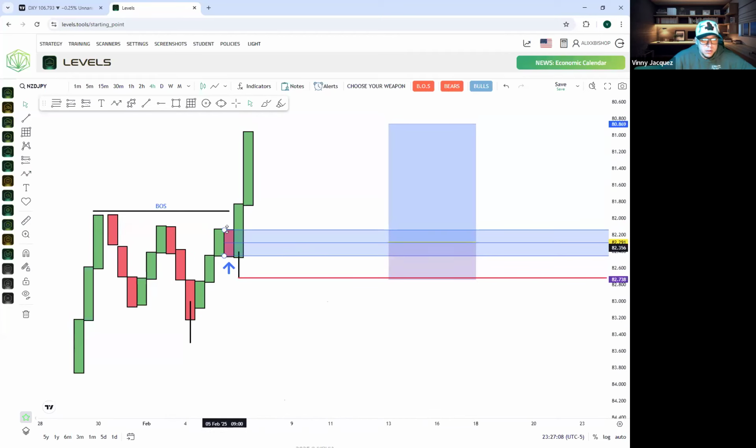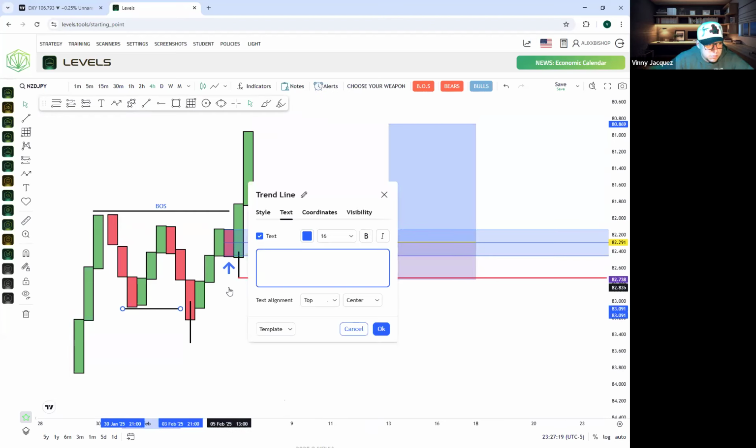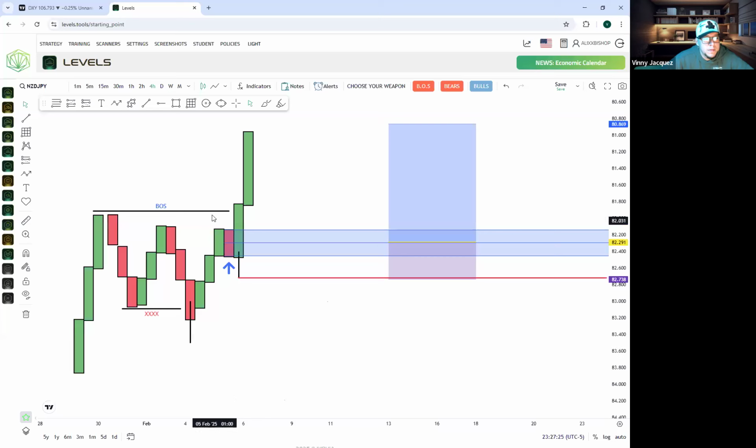We have the starting point and we have the inverted head and shoulders. Now notice we have a BOS to the downside right here. Now I'll just call this a liquidity sweep. And then we ended up getting the break of structure and change of character right here, right?